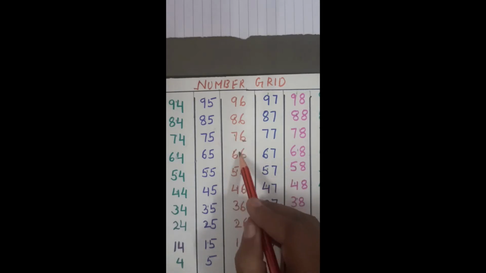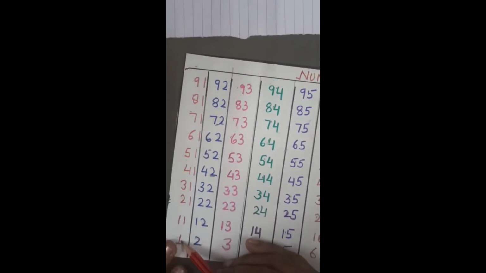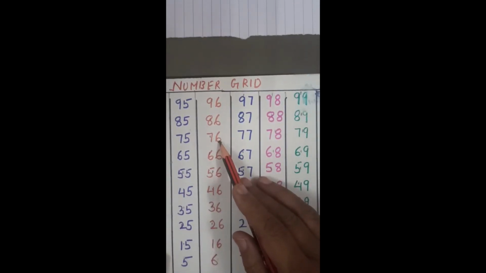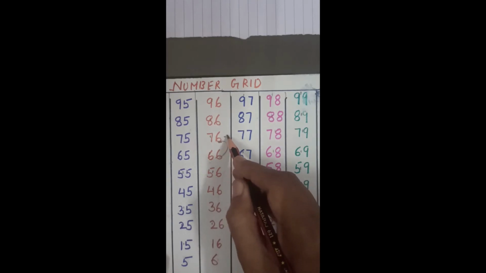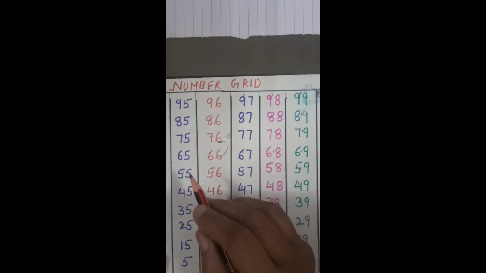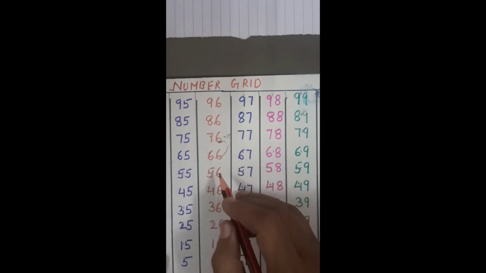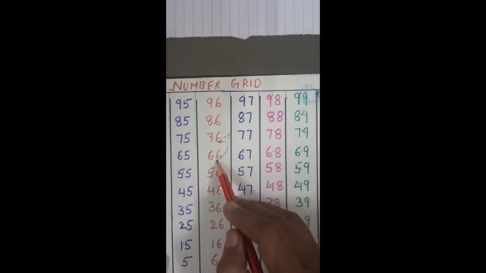That means whenever you are coming down a number grid in this kind of a number grid where we begin with 1 at the bottom, then when we begin with 76 and go down 10, that means subtract 10, we have to move down. That is, whenever we move down in this kind of a number grid, that is minus 10, then 76 will become 66. So what did we understand? That on a number grid, whenever we have to subtract 10 or multiples of 10, then we have to move down in this kind of a number grid. Right? So 76 minus 10 will become 66.